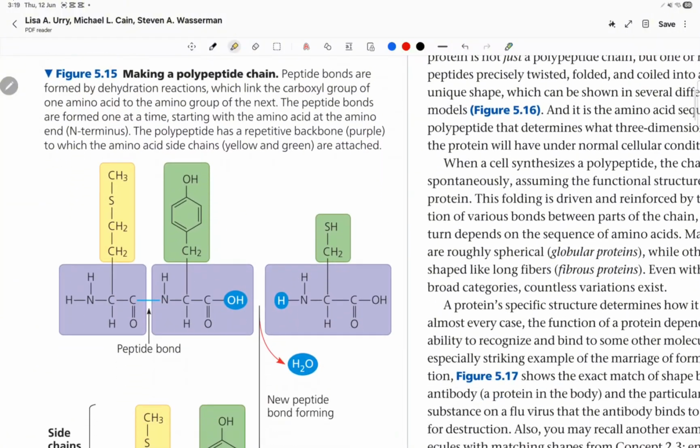So in this case, for example, a peptide bond is formed between carbon and nitrogen. Not any carbon though. The carbon has to be connected to a double bond, basically. As you can see, one end is the carboxyl, one end is the amino group.